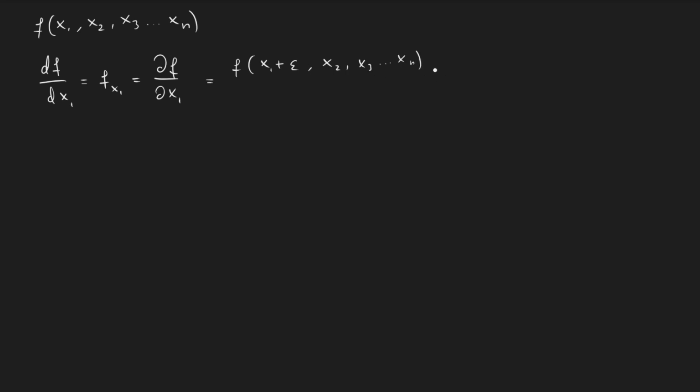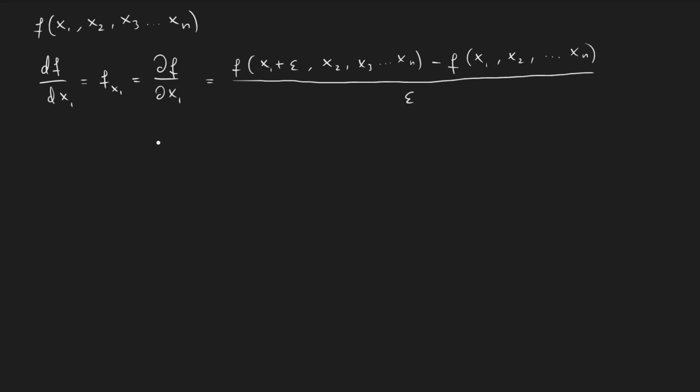So like this, and we will subtract the original value, because this way we will get how much the function value changes, and we will divide it by a little number epsilon. So this is, as you can see, the same formula as we've discussed in the previous video, but in this case we have more independent variables.